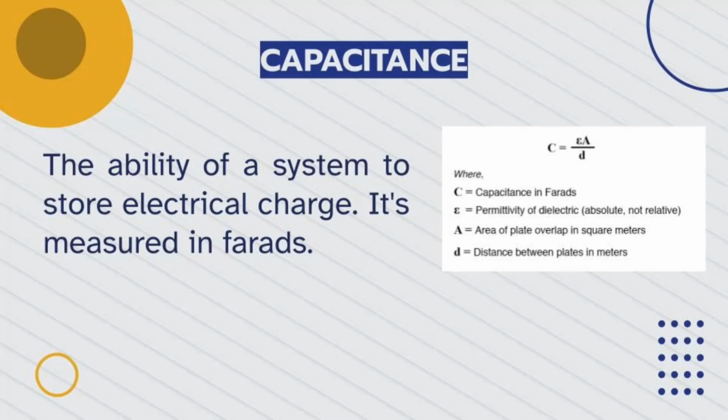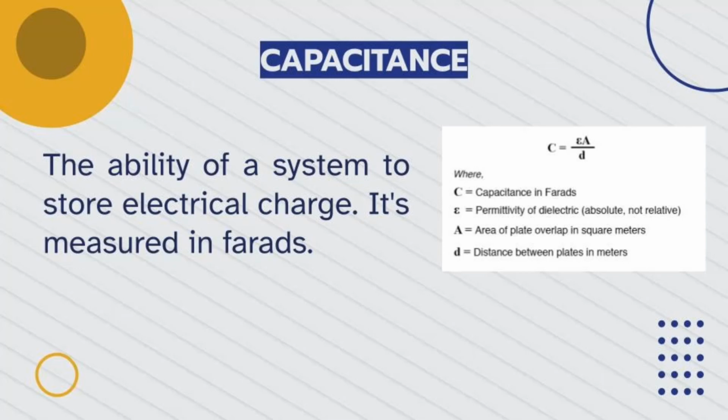So what is capacitance? Capacitance is the ability of a system to store electrical charge. It's measured in farads. Capacitors, the components that exhibit capacitance, consist of two conducting plates separated by insulating material called a dielectric.